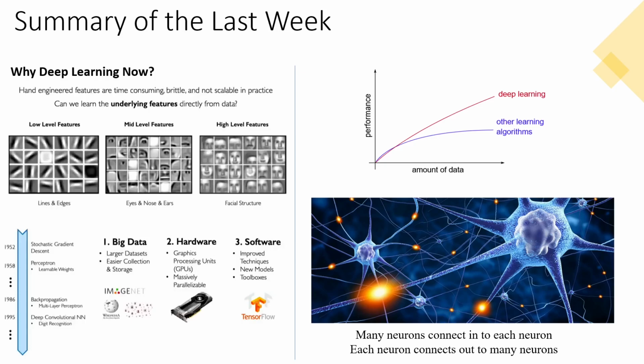But if we leave this problem to the computer, then it's highly likely that the computer will come up with a much better feature set that we can use. And the neural networks can create a more complex system than what we can handcraft ourselves. So that was the basic motivation to use deep learning for our problems.